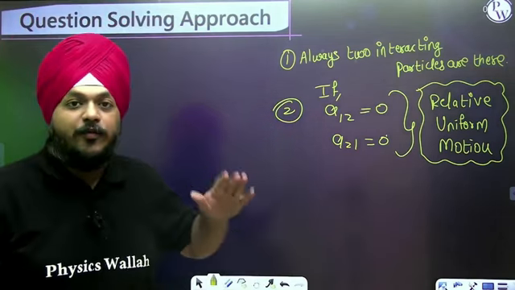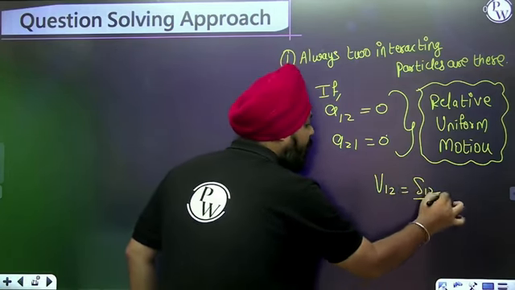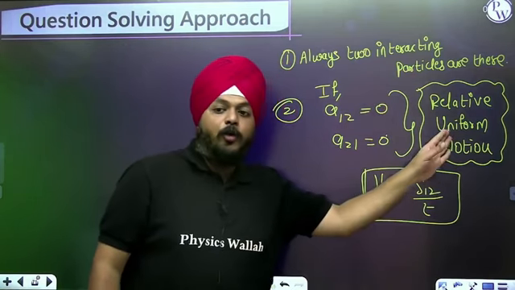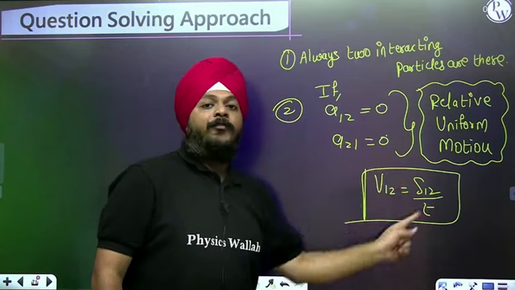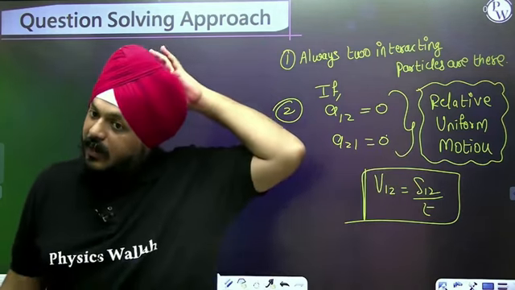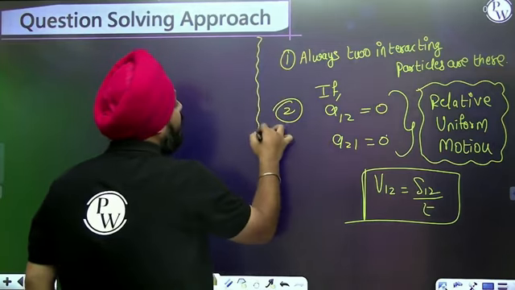Then it is a case of relative uniform motion, in which we are going to use only the one equation that we were using in uniform motion, but this time from the observer's perspective.